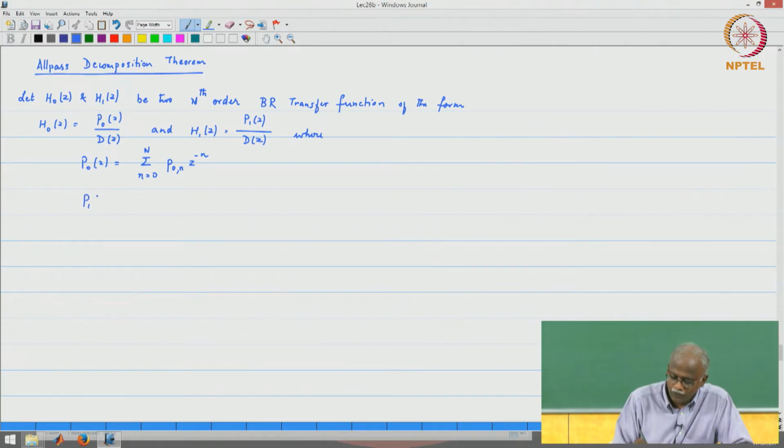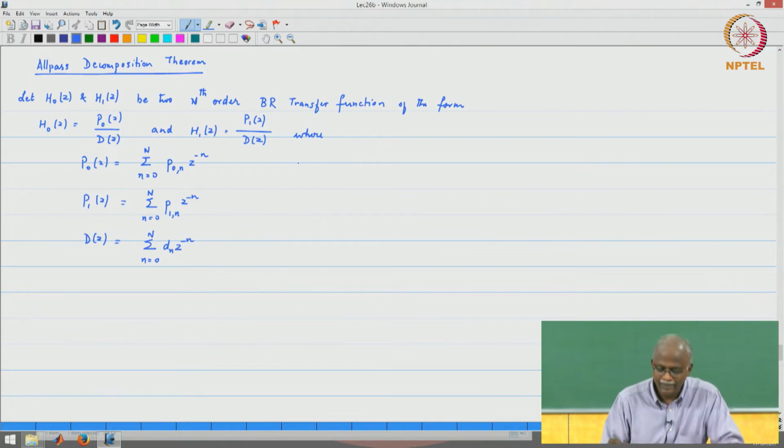P 1 of z same structure, n equal to 0 to uppercase N, lowercase p 1 comma n z power minus n. D of z is also a polynomial of order N, n is equal to 0 through N, d subscript n z power minus n, and under this framework we are going to make the following additional constraints.